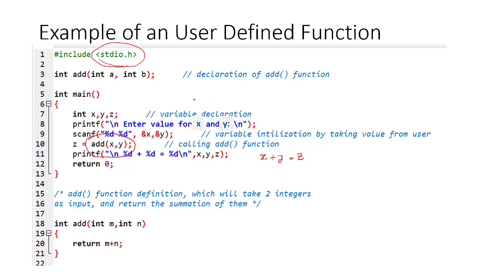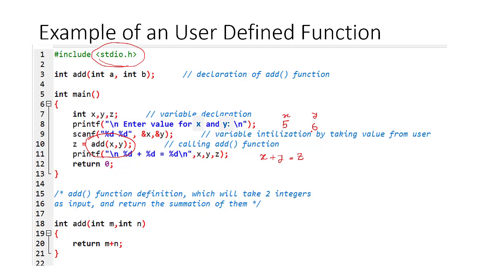Now let us check, when we run that code, how the compiler will run it. The main function will be executed. We have already declared these three variables, and the user will be asked to input two values for the variables x and y. Suppose the user has given input as 5 for x and 6 for y.